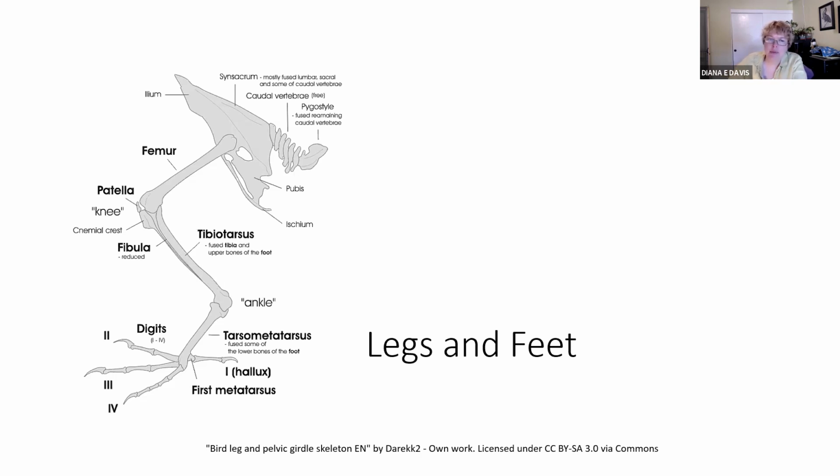There are two bones. One's very small, one's kind of big. And then their feet are a little bit different. A lot of the bones that would normally be in the foot are fused together. And then they have digits, just like we have fingers and toes.